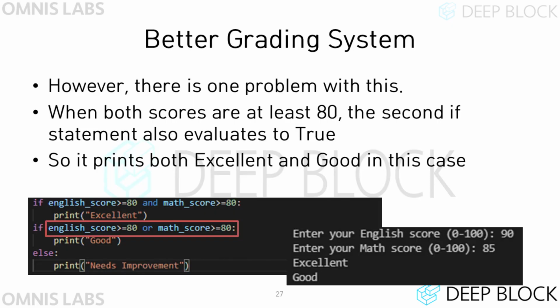But there is one problem with this code. Let's assume that you have a score of 80 or higher in both mathematics and English. If both subjects score more than 80, the condition of the first if statement becomes true and excellent is printed. But the condition of the second if statement also becomes true and good is also printed on the screen.